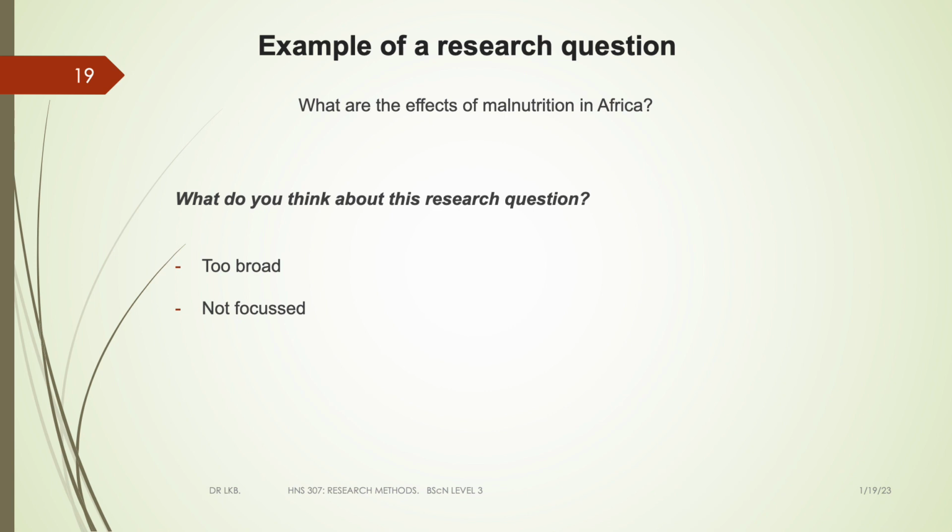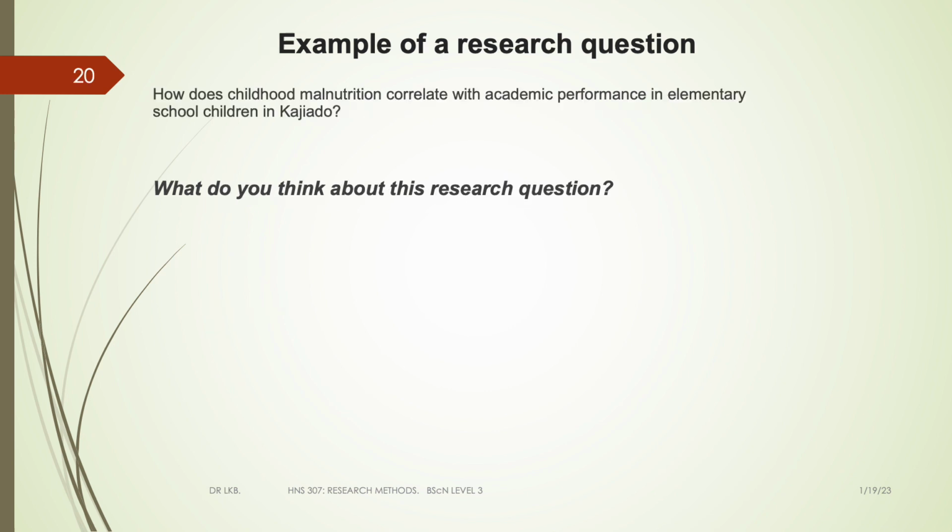Is it on intelligence and academic performance and so many other things? So that is too broad. Let's look at another one. How does childhood malnutrition relate with academic performance in elementary school children in Kajiado?